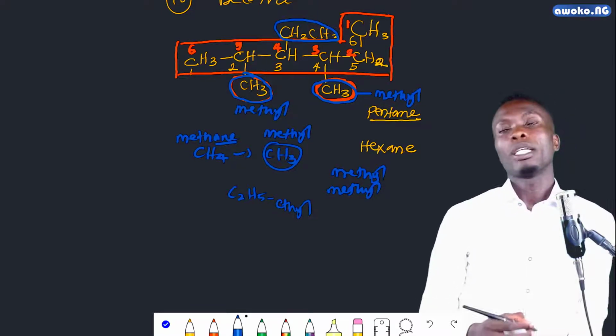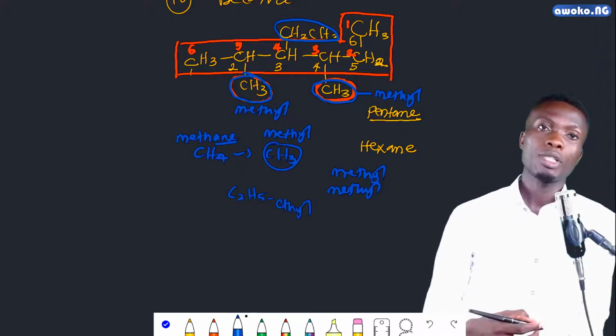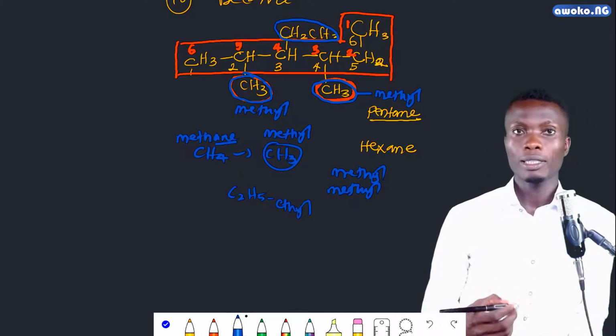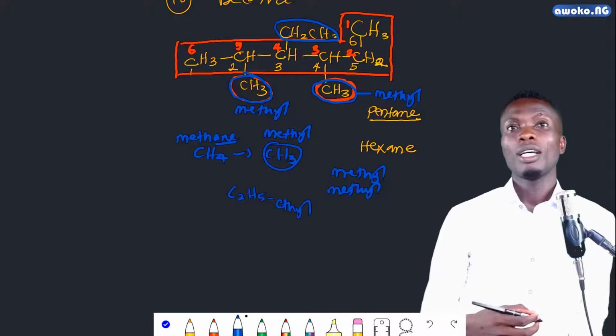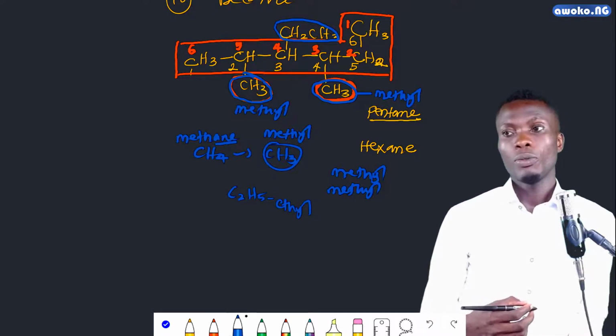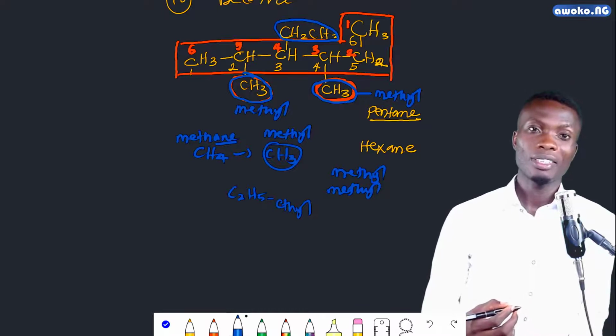Now, there is one thing that we should know. In organic chemistry, we pay respect to alphabetical order. So in arranging our branches, we make sure that we give respect to alphabetical order.